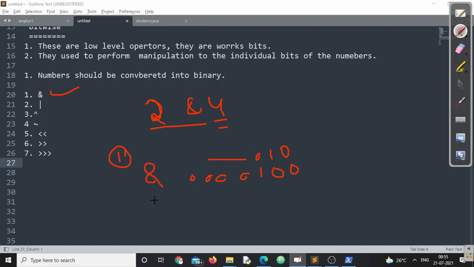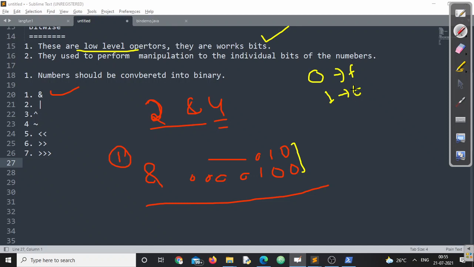Let us operate it with bitwise AND. Now, how is this operated? As per the definition, all the bitwise operators are low level operators and they operate on bits. So now individual bits will be operated. First 0, second 0. You can treat 0 as false and 1 as true, but trust me, these are not exactly the same.